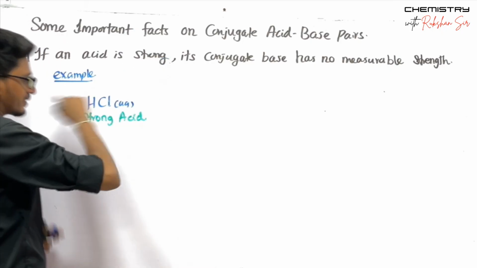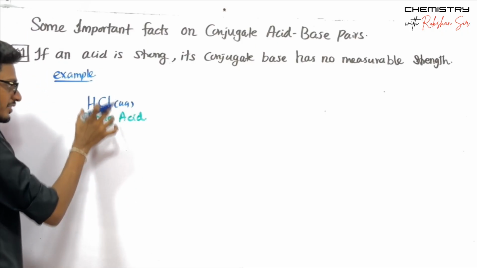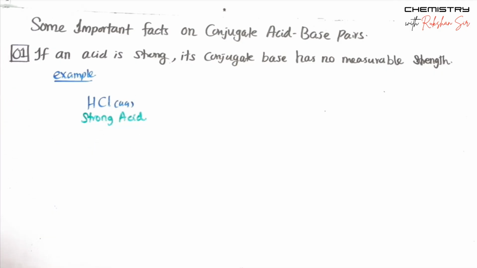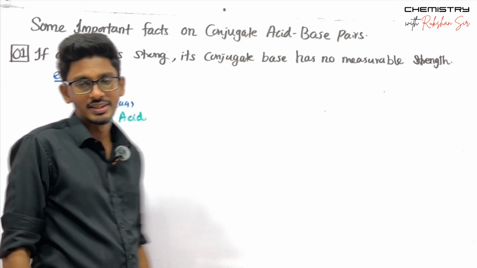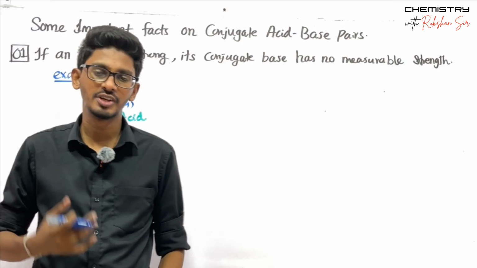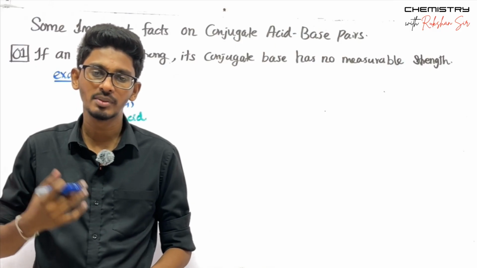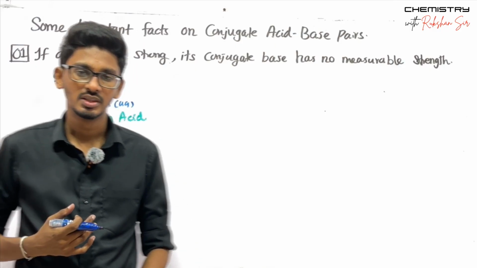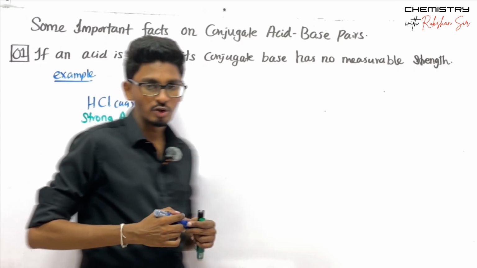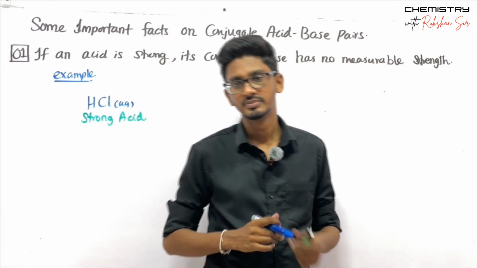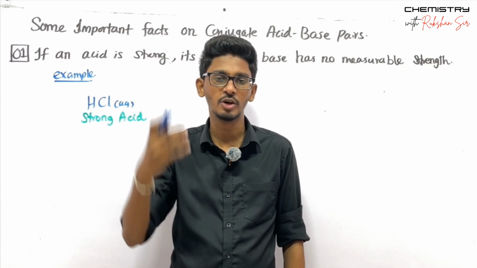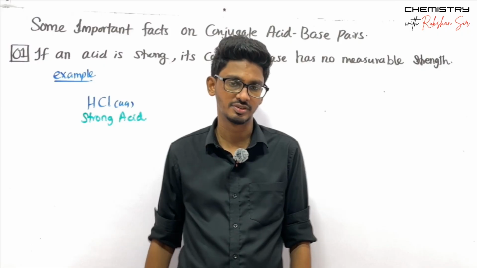So what does this statement say? It says if your acid is strong, its conjugate base is not with a measurable basic strength. What is the conjugate base of HCl? To come up with the conjugate base, you just remove one H plus and write the species.